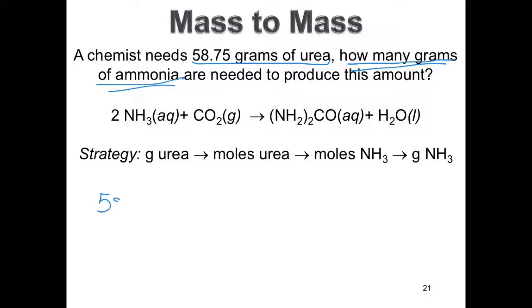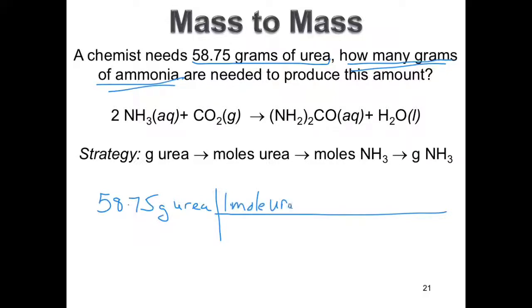So 58.75 grams urea, which is a product, divided by basically its molar mass, so that's step 1.